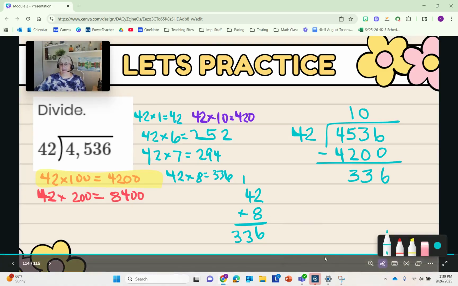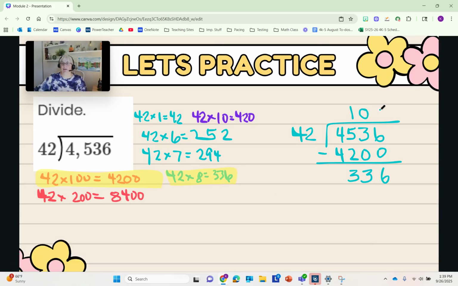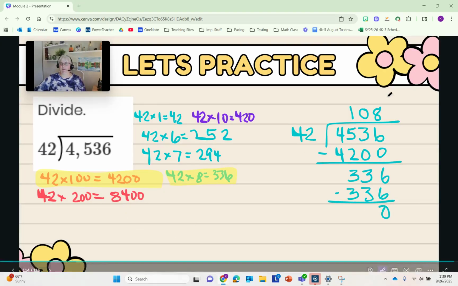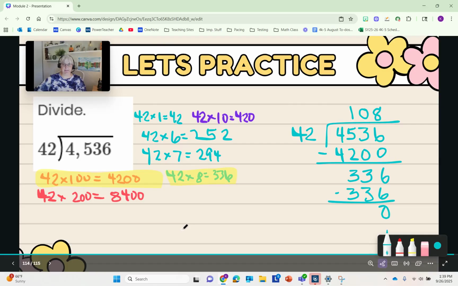So we have found the next divisor here that we need, and that is 42 times 8. Our 8 is in the ones column, so it goes in the ones column in our answer. 8 times 42 is 336, and when we subtract that, we end up with nothing left. So the answer to this problem is 108.